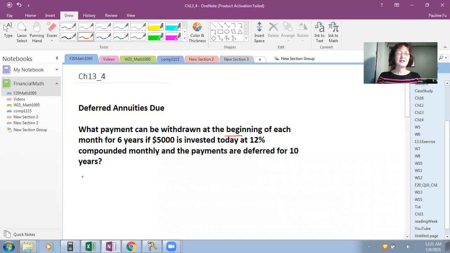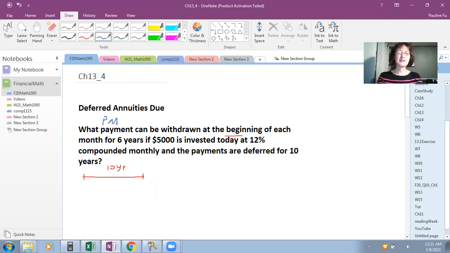Okay. So let's draw a diagram. Suppose this is 10 years. And the question asks you, what payment means? What is PMT?